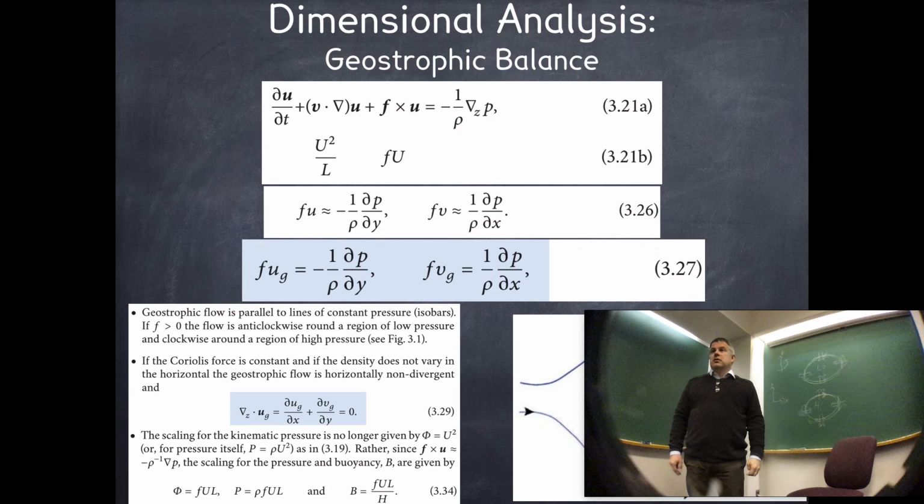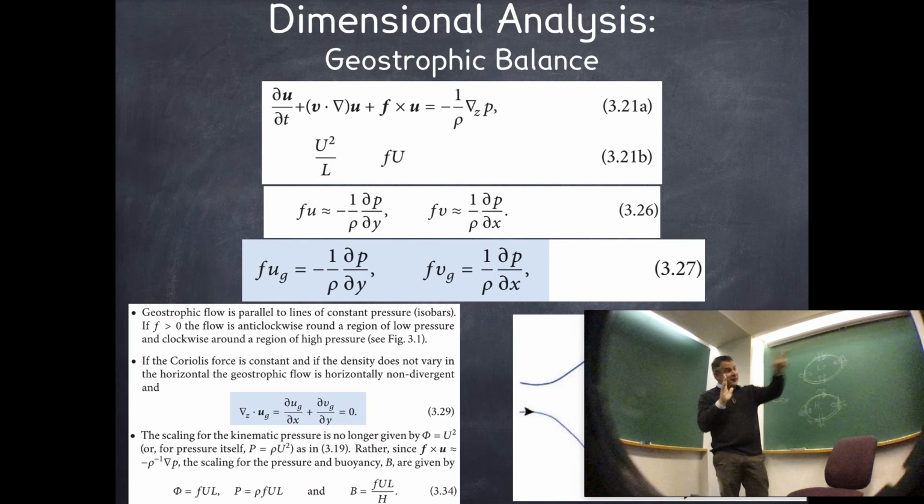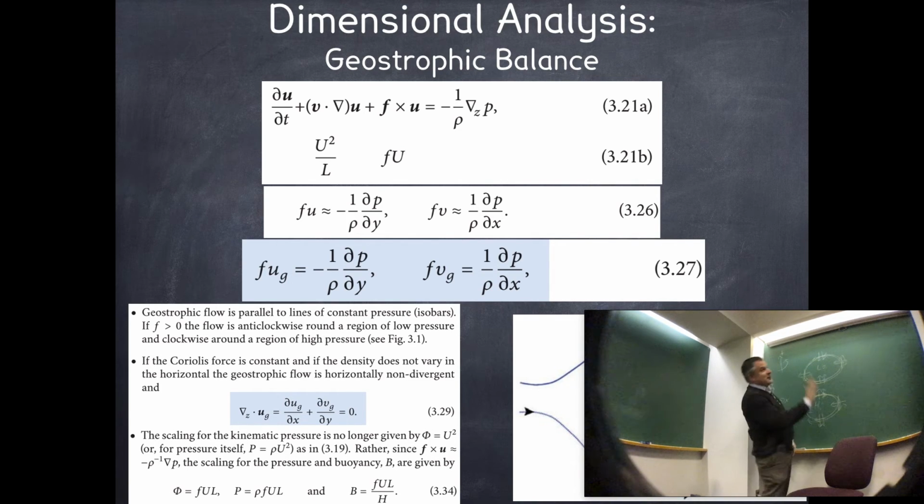Does everybody know that right-hand rule? You take your fingers, you start at the first one, and then you curl them over to the second one. The direction of your thumb is the direction of the cross product. So I'm trying to illustrate that here with the f being this way, and then I curl in the direction of velocity. If the velocity is going around and around, indeed, the Coriolis force is in and out.